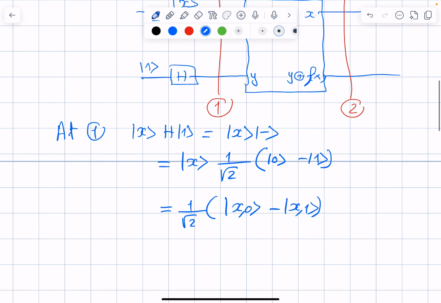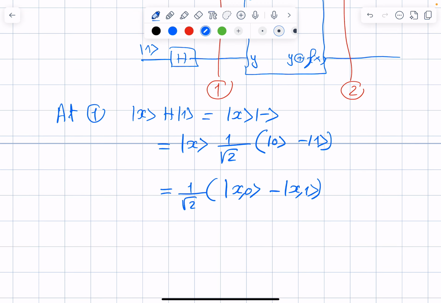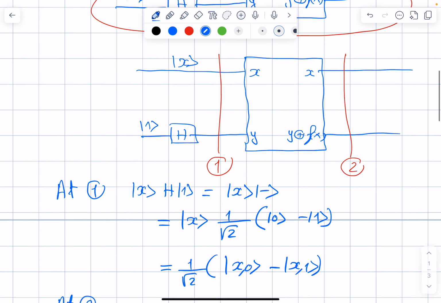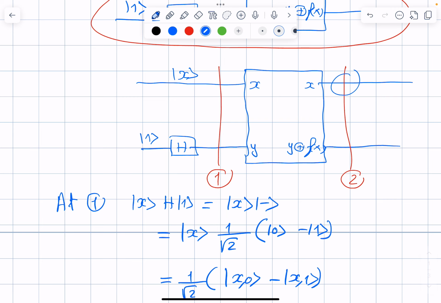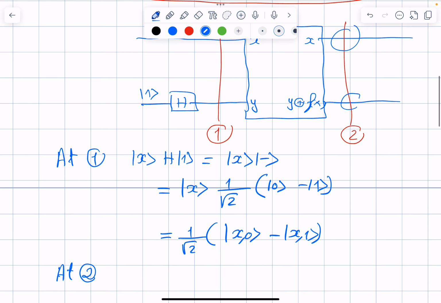When it comes to section 2, we see that we have x tensor with y XOR f of x.